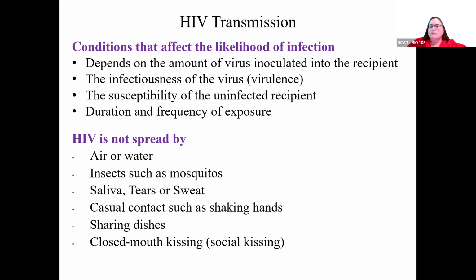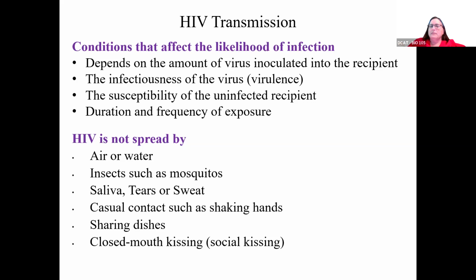So it also depends on the infectiousness of the virus. Again, the virulence. We learned about that in the first PowerPoint. Also, the susceptibility of the uninfected person, okay? Is their immune system down? Does anything going on have their susceptibility down? Are they a drug user, okay?